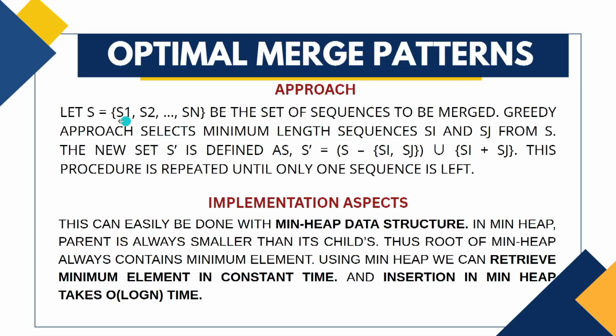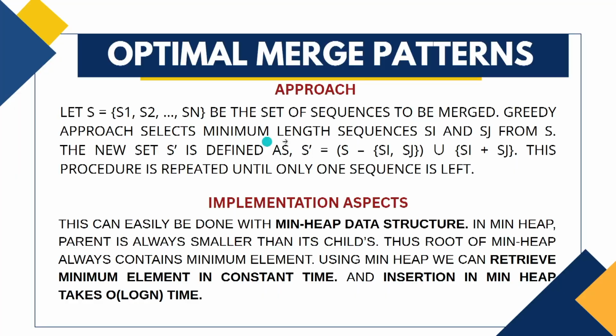So now let's see the approach that we use with the optimal merge pattern. Let us consider that we have n sequences that are to be merged. We can call them sequences, or we can even use the term files here, and we are using the greedy approach. With the greedy approach, we select the minimum length sequences, let them be Si and Sj.